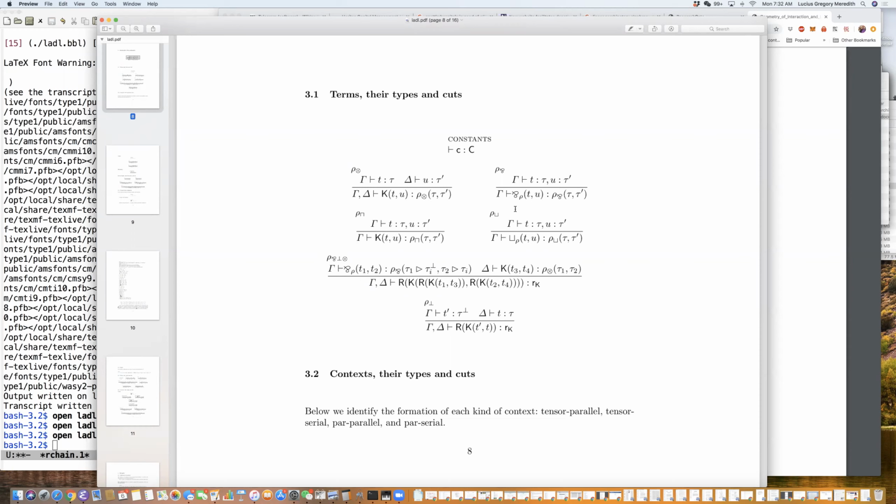So here we have these two things, and they come in duals, right? If gamma is what I need to establish that T is of type tau, and delta is what I need to establish that U is of type tau prime, then I can put them together in a K. I could apply them, or I could put them in parallel composition.